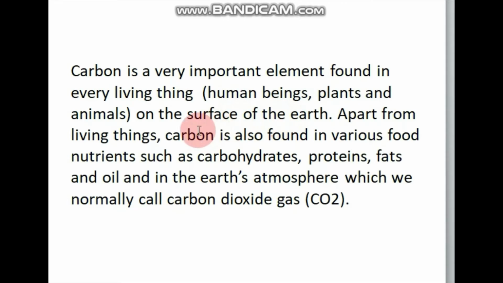Apart from living things, carbon is also found in various food nutrients such as carbohydrates, proteins, fats, and oil, and in the Earth's atmosphere, which we normally call carbon dioxide gas.